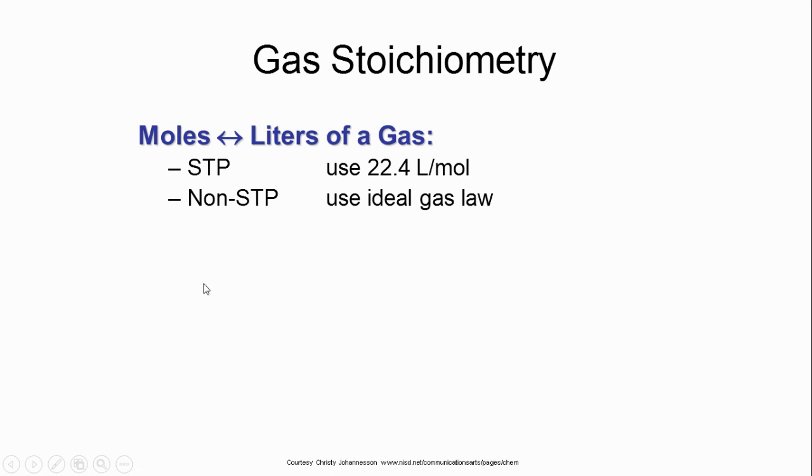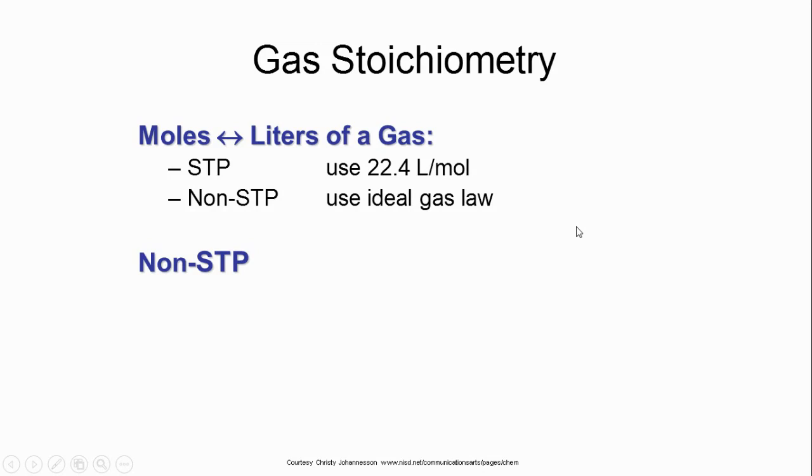If, though, the problem is not at STP, that is not at 25 degrees Celsius, not at 1 atmosphere of pressure, then you're going to solve for moles of substance. And then once you know the moles of the gas, you will plug that into the ideal gas law, PV equals nRT. And I will demonstrate that for you with several problems.